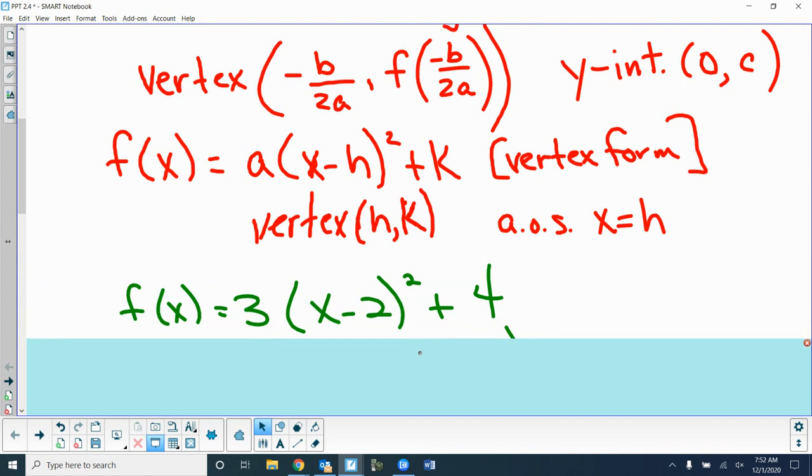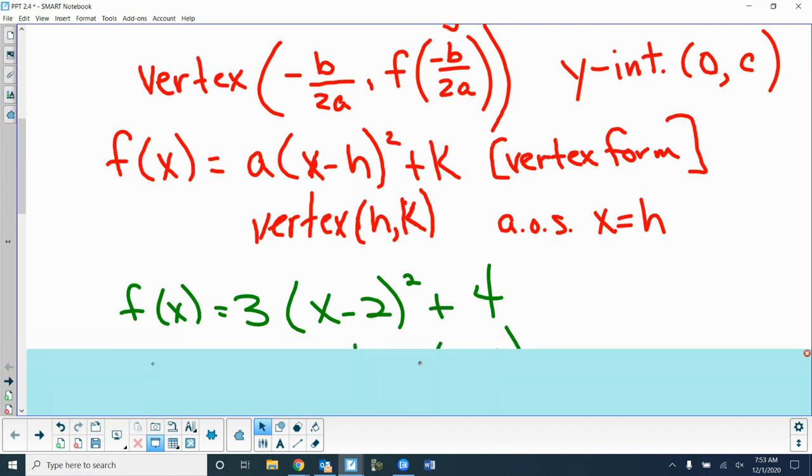Okay, so this one, the A value is 3. The vertex is going to be 2, 4. Okay? So this vertex form is always x minus h. So whatever makes this 0, if I plug a 2 in for x, 2 minus 2 is 0.